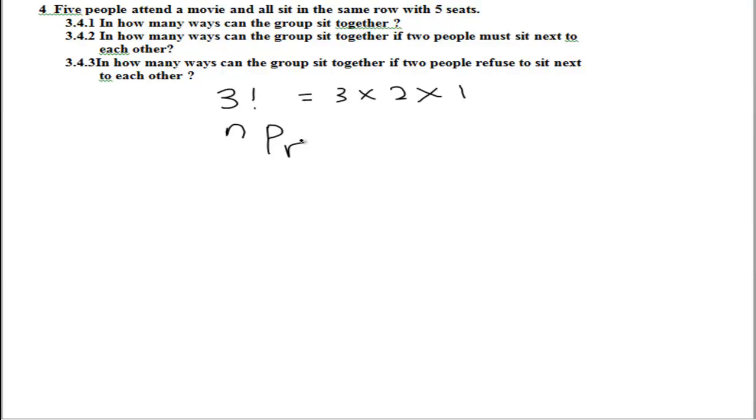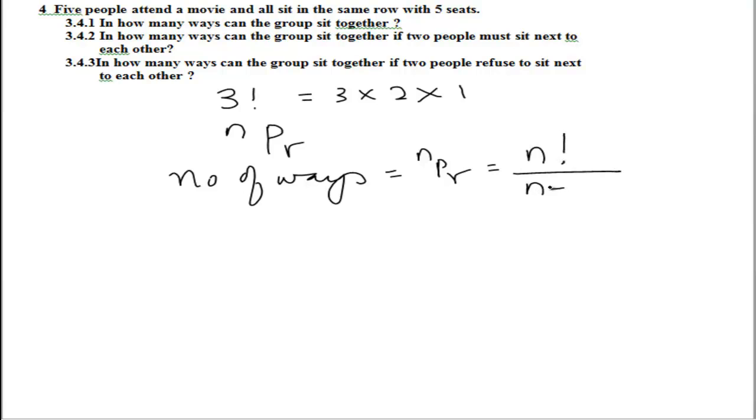So the number of ways is n permutation R, and if you expand that, you will get n factorial over n minus R factorial. And we're going to use that in future as well.